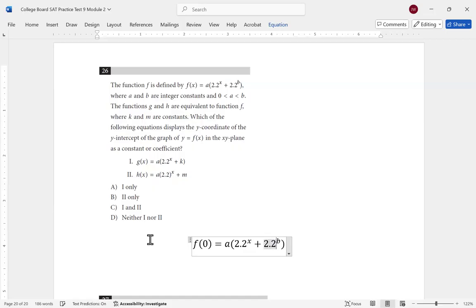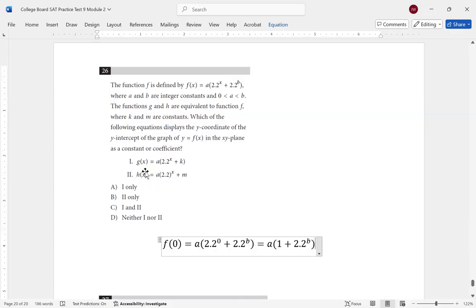That's the function, so I'm going to plug in an x of 0 there. So the y-coordinate of the y-intercept is going to be a multiplied times 1 plus 2.2 raised to the b power. That is the y-coordinate of the y-intercept.